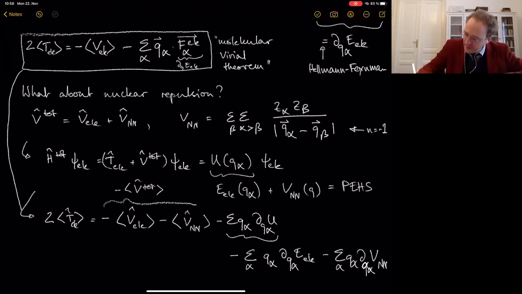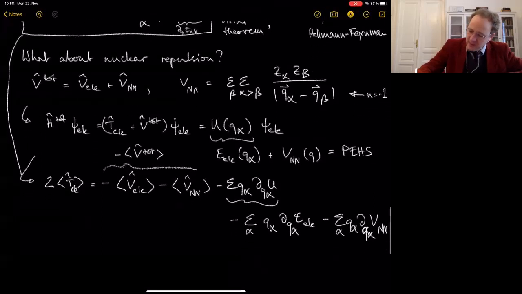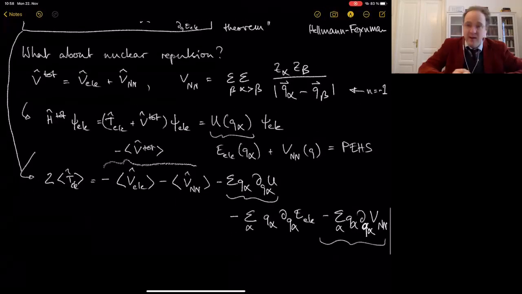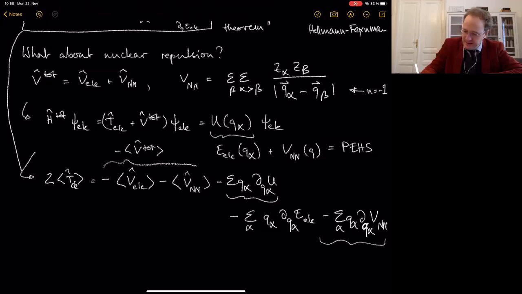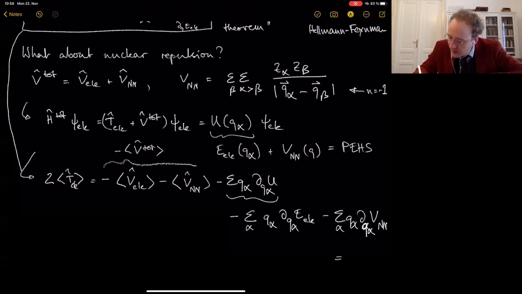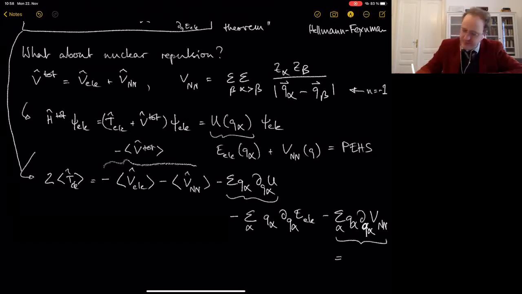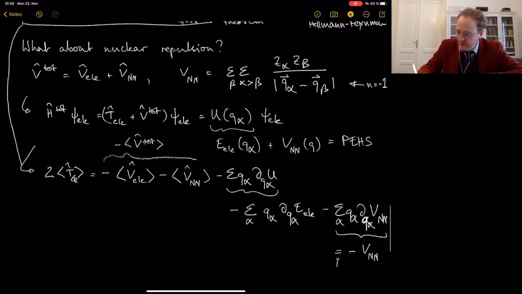And now, because VNN is a homogeneous function, this bracket here equals minus VNN. Right? This thanks to Euler's theory.